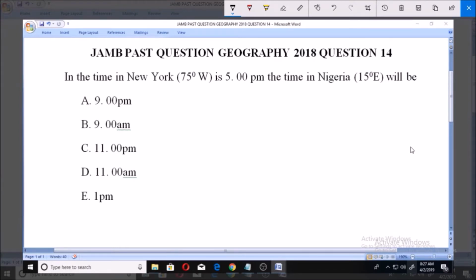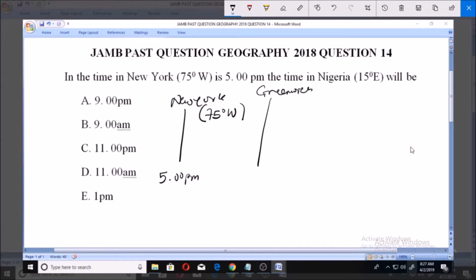So we have New York, which is located at 75° west, having the time of 5 p.m. Then we have the Greenwich meridian, which is the reference point having 0.